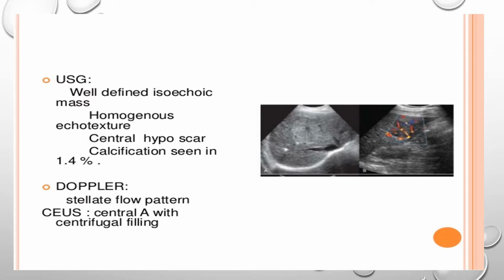You should remember that the fibrovascular scar in focal nodular hyperplasia is vascular. It's not just fibrous, it's also vascular. Therefore, there is a Doppler flow pattern and also a centrifugal filling in contrast enhanced ultrasound.